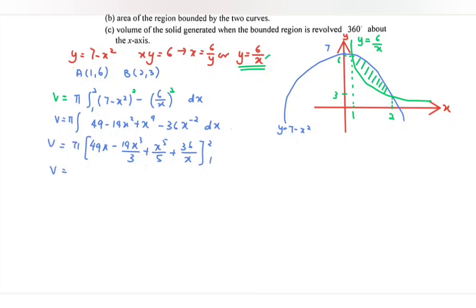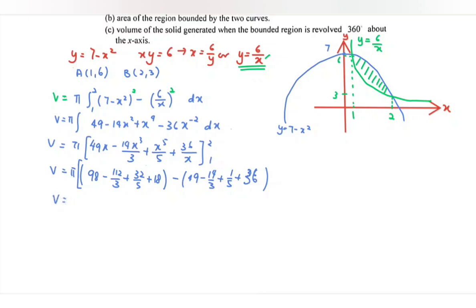So if we substitute the situation, here we have pi bracket. If we substitute the 2, we will have 98 minus, 2 to the power 3 is 8 multiplied with 14, so we have 112 over 3, and then plus 32 over 5, and then plus 18. Minus, if we substitute the 1, we will have 49 minus 14 over 3 plus 1 over 5 and then plus 36 bracket.